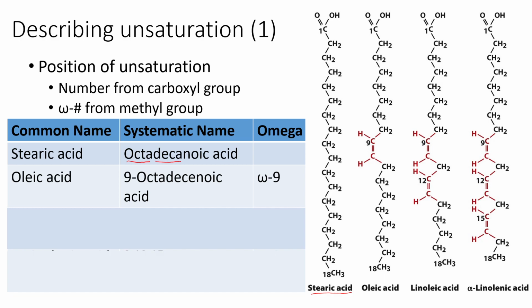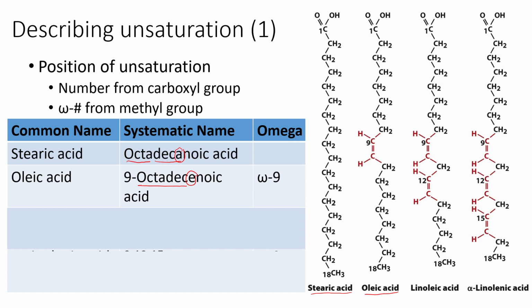It's completely saturated. So let's compare this to oleic acid, which is pictured right next to it over here. So oleic acid still has 18 total carbons in it, right? So we still have that octadeca in the name for 18, but we have one double bond. So instead of anoic acid, like we had in stearic acid, now we have enoic acid. So we have one double bond, and it's got 18 carbons.